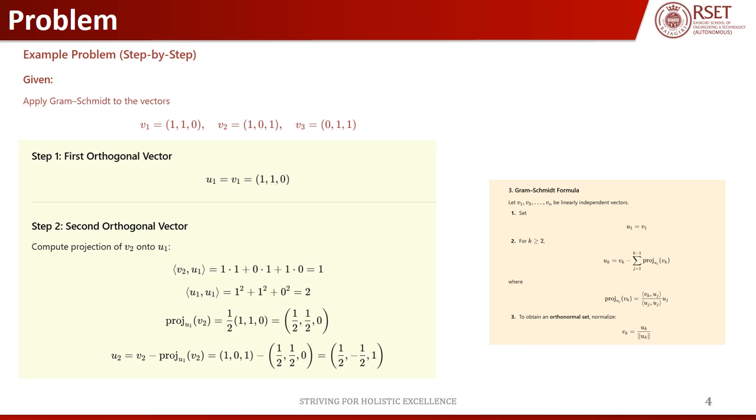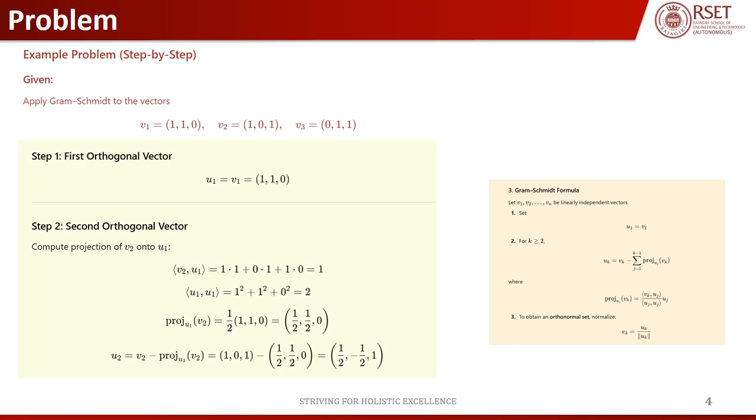The second orthogonal vector, using the equation, is u2 equal to v2 minus the projection of v2 onto u1.